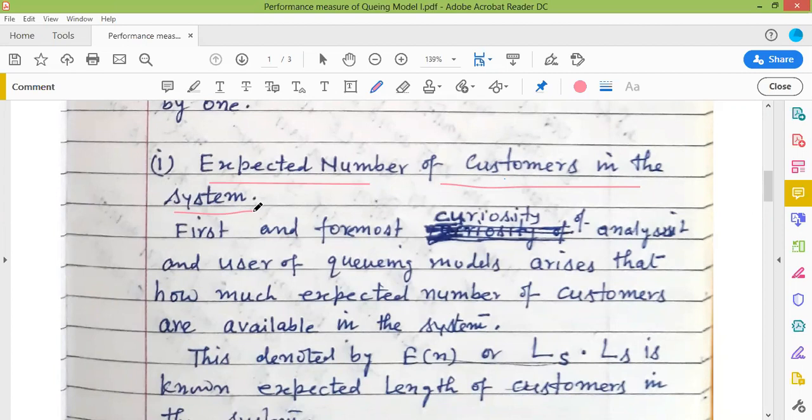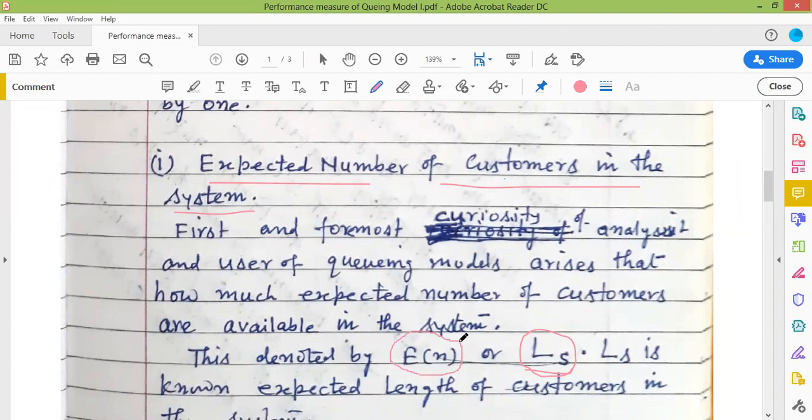And another part of the number of customers is those who are standing in the waiting line or queue. So this is simply represented by Ls, the length of customers in the system, or expected number of customers in the system, both are same.